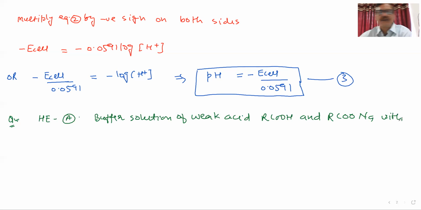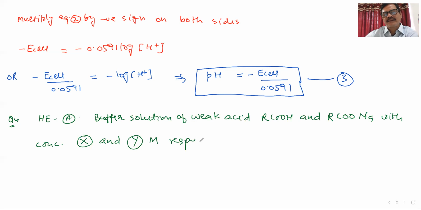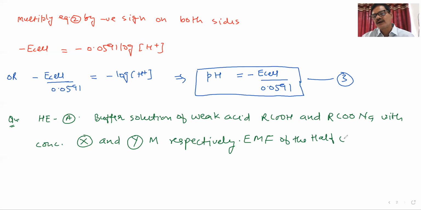with concentration X and Y M respectively. So in this condition, EMF of the half cell is found to be E1.